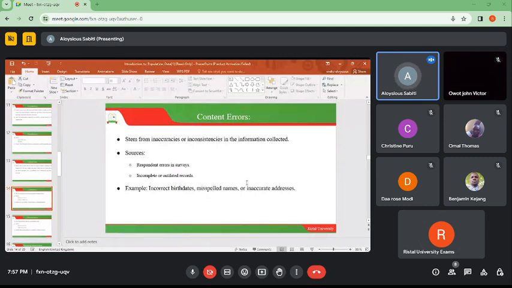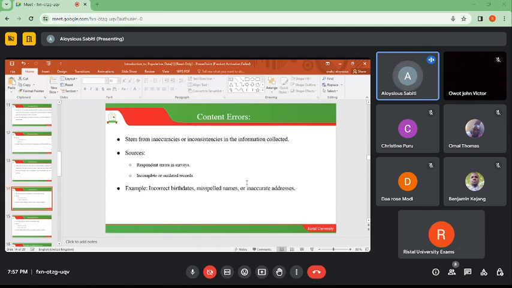Most of the sources, like I've said earlier, are a result of respondent errors in surveys. With respondent errors, we are looking at how someone gives you a response. The response may be inadequate or false, and therefore these cause errors that we refer to as content error.